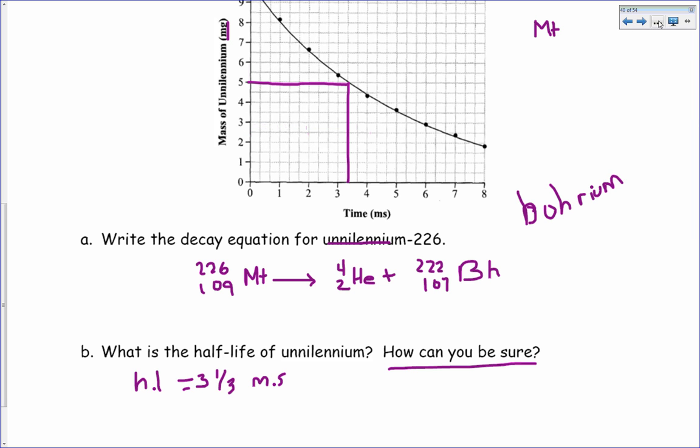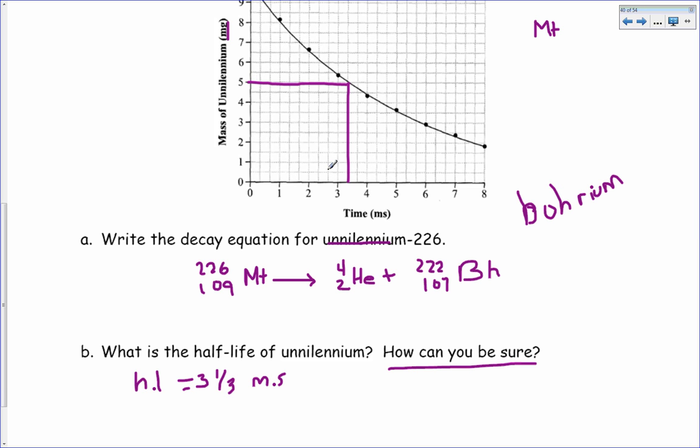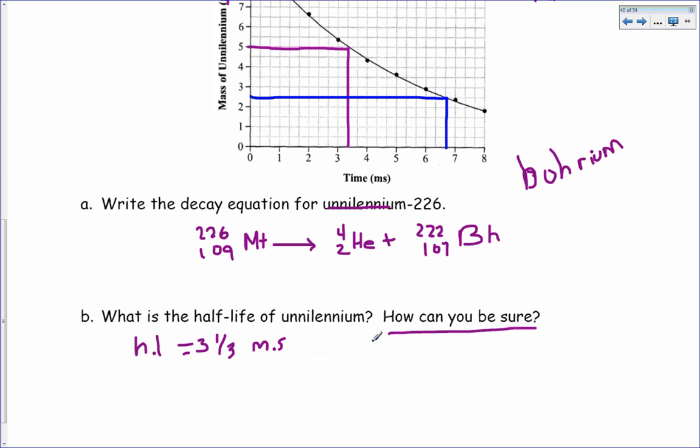Let's just pick a blue then. So 2 1/2, go across there, 2 1/2. So two half-lives from the graph is 6 2/3, which means it's a relatively decent estimate for that particular half-life.